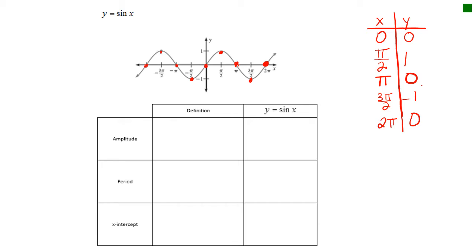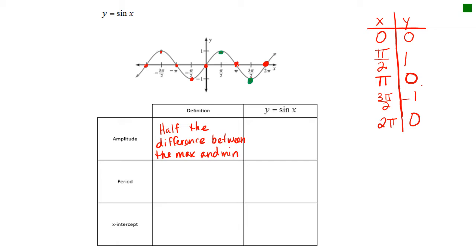All right, there's 3 things we define on a sine graph. The first is the amplitude. The amplitude is half the difference between a maximum and a minimum. I'll show you what I mean by that. Here's a maximum, here's a minimum.